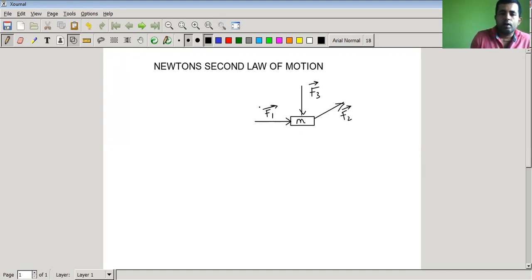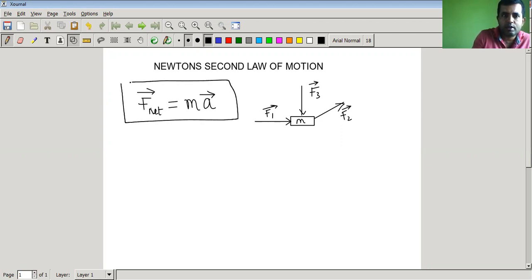Now, in one line, it is written that net force acting on this system is equal to mass times acceleration of the system. So this is your Newton's second law in one line.